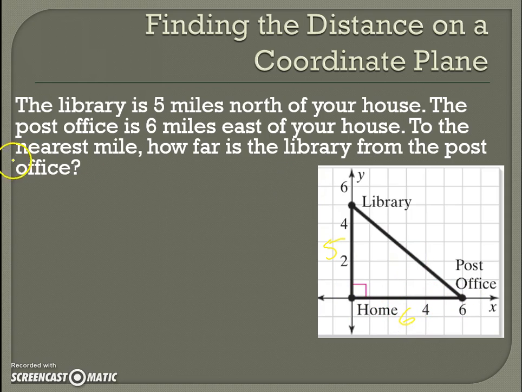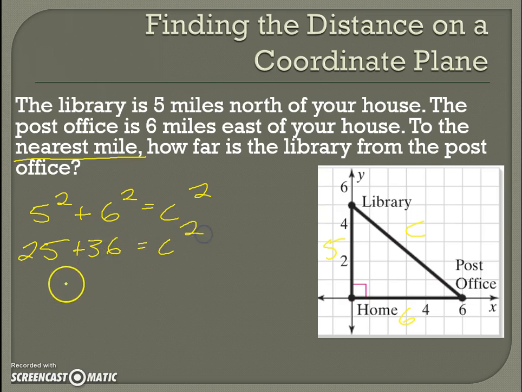Now notice here it says to the nearest mile, so we go ahead and set this up, and we have 5 squared plus 6 squared is going to equal this unknown value, which is the hypotenuse, and that's c squared. So 25 plus 36 equals c squared, and that is 61.